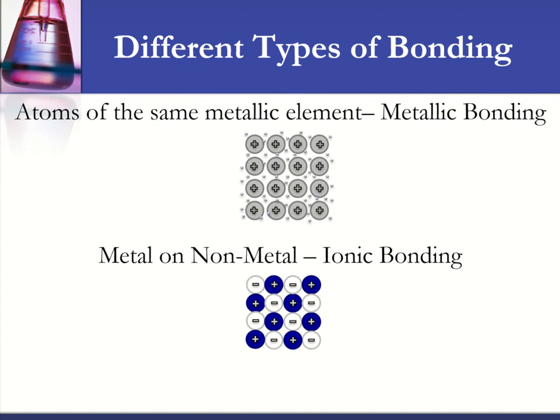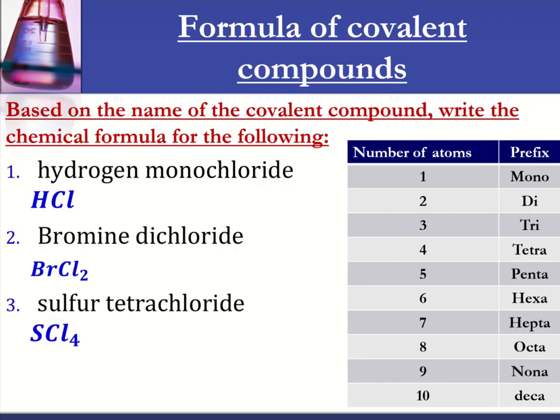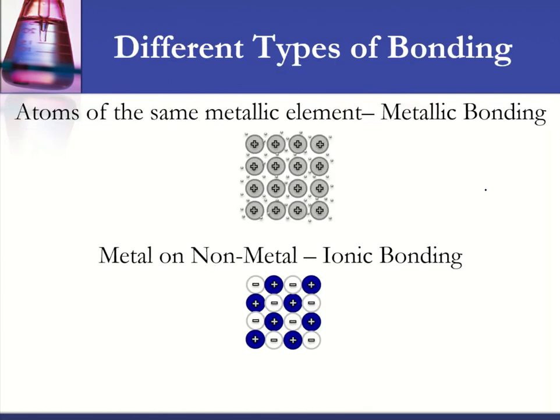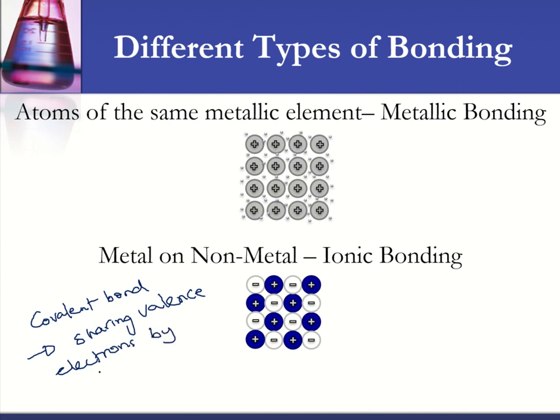Alright, so that kind of ends what we need to talk about with covalent compounds. The major thing you need to remember and to keep in mind is that a covalent compound or covalent bond occurs from sharing valence electrons by non-metals.